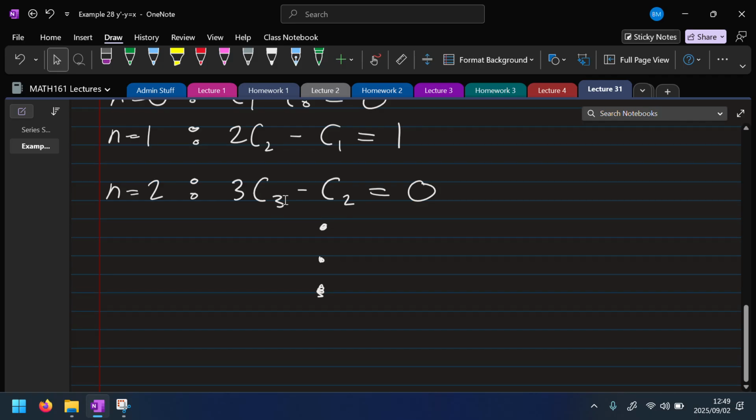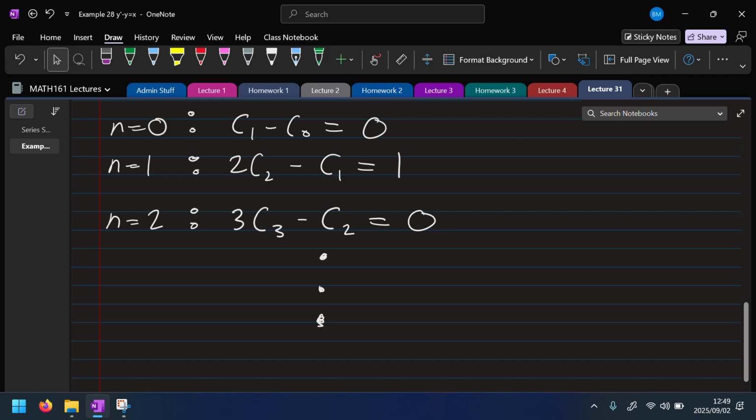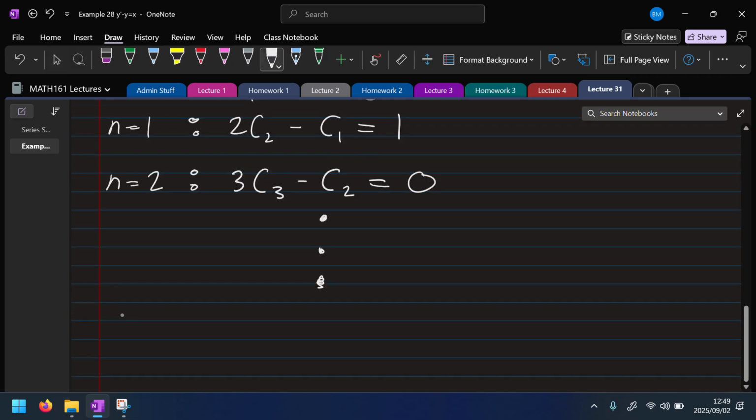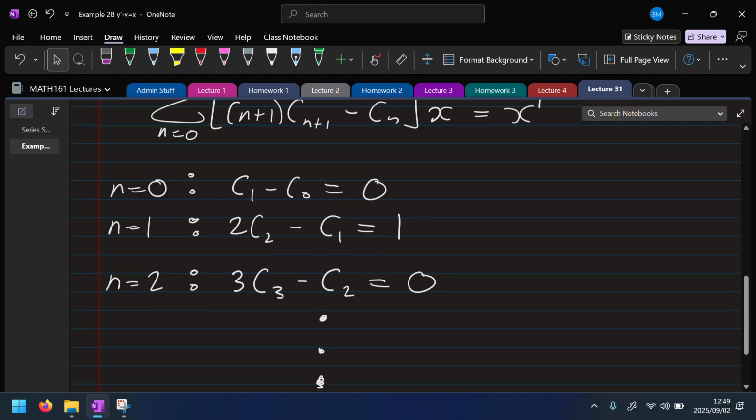Very easy to do. So here, this first one, the c1 is c0. So you got that. Then you substitute c1, you solve for c2. You substitute c2, you solve for c3. And you just carry on like that. Okay, so just go through that. And you'll see the following. So we have c0. Then we have c1 is also c0. That's from the first equation there.